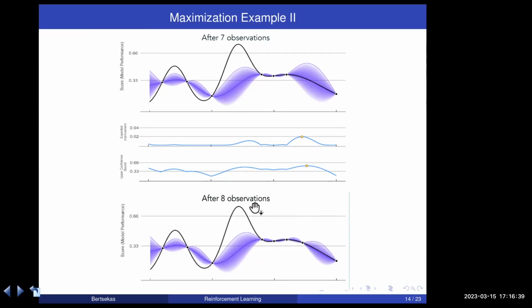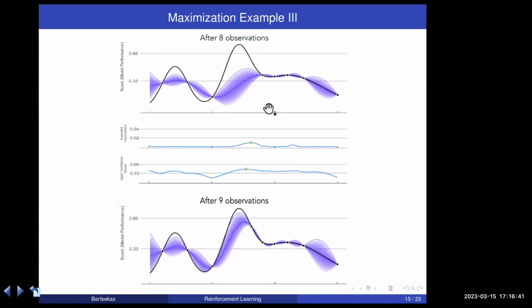Given the 8th observation, we have this posterior, and we calculate again the acquisition functions, and they both point to this area. Why? Because there's a lot of potential for exploration, basically. So we select this point here, and that's the 9th observation right here.